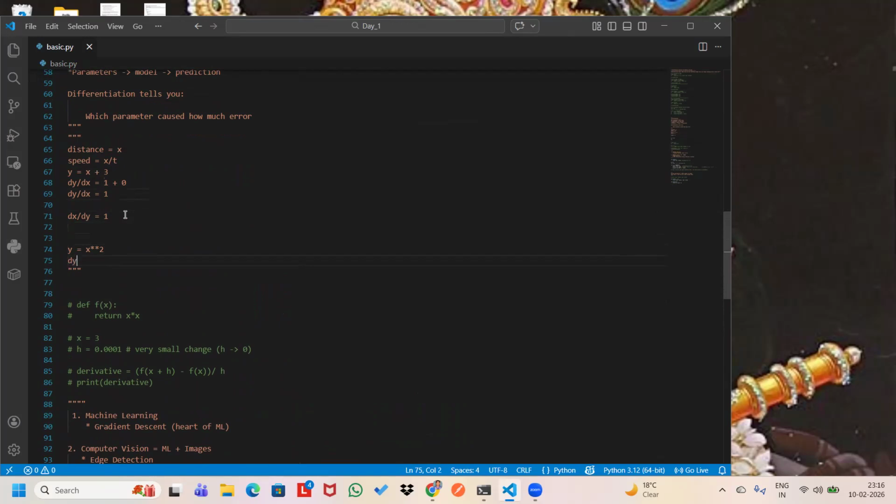The dy by dx would be 2x. And how is it happening? Because this 2 is going to come in front of x, and from 2, 1 will be deducted, and there will be only 1x left. So that's why this is 2x.